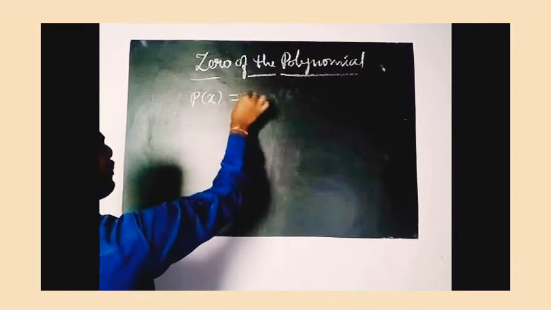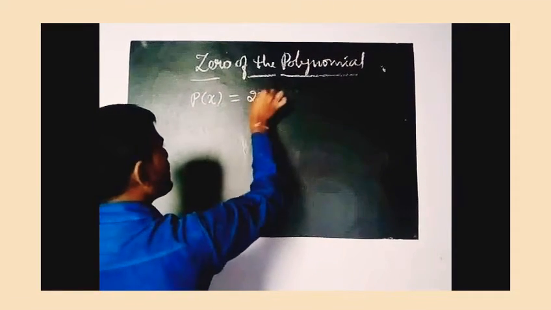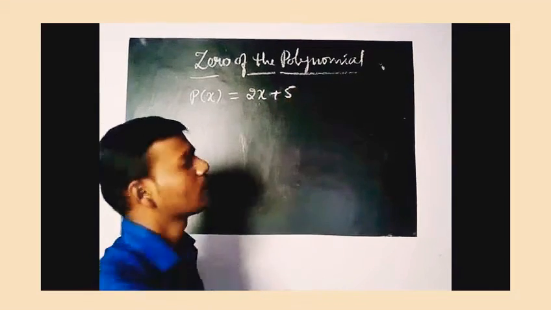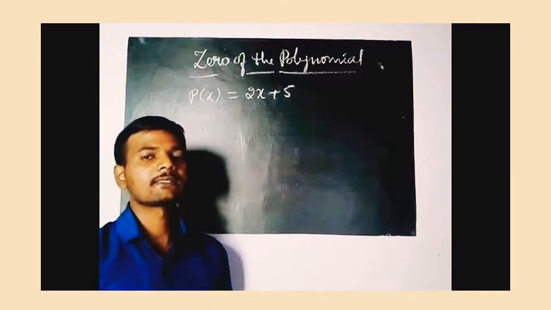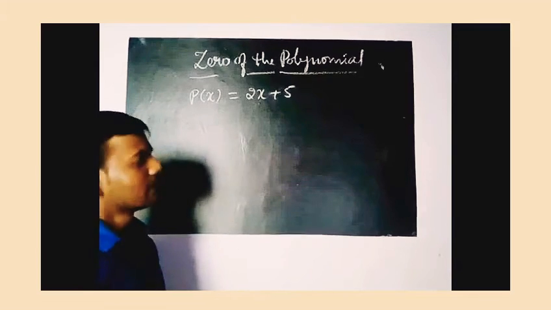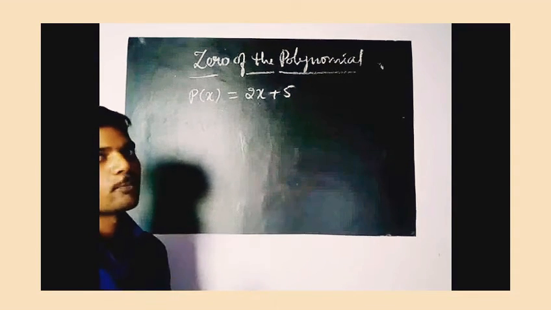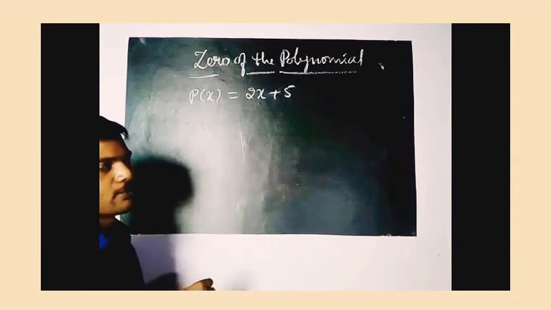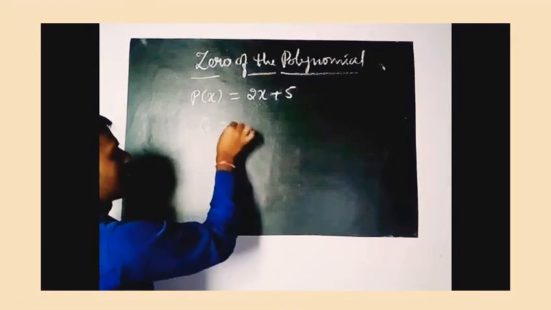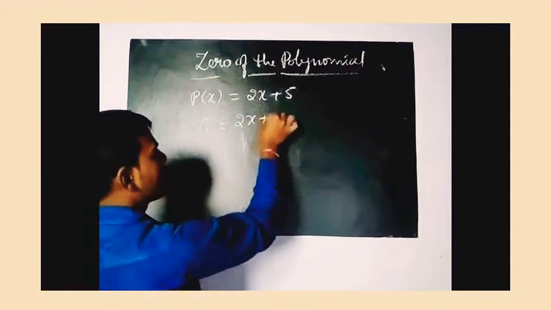Find the zero of the polynomial p of x is equal to 2x plus 5. The same procedure: here you have to put p of x equal to 0. Then 2x plus 5 is equal to 0.